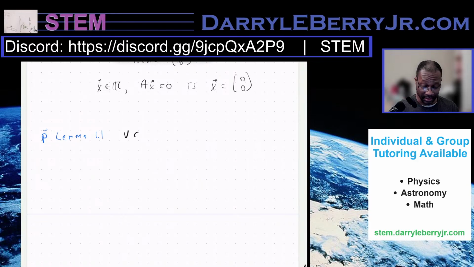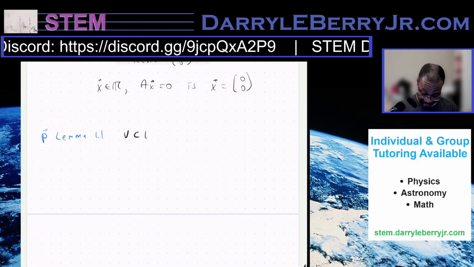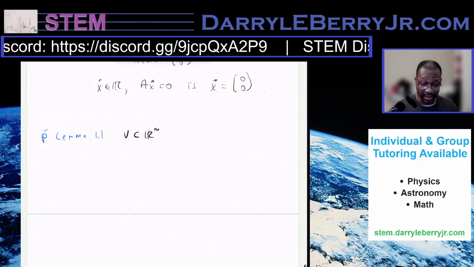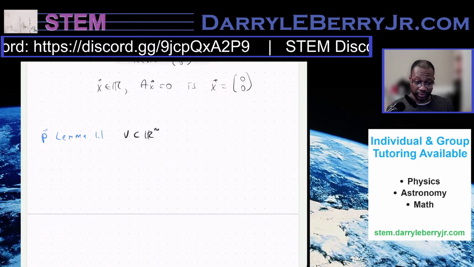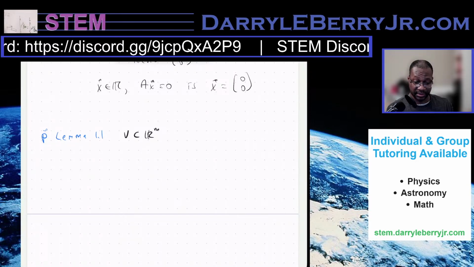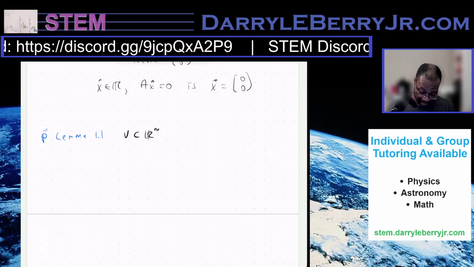So V is in Rm and is a subspace. So that means it has closure under 0, sum, and scaling.